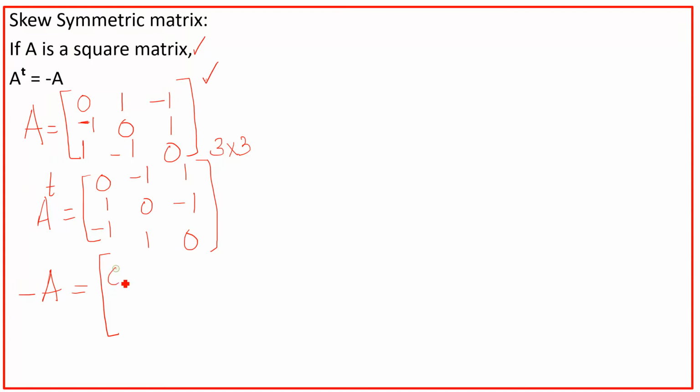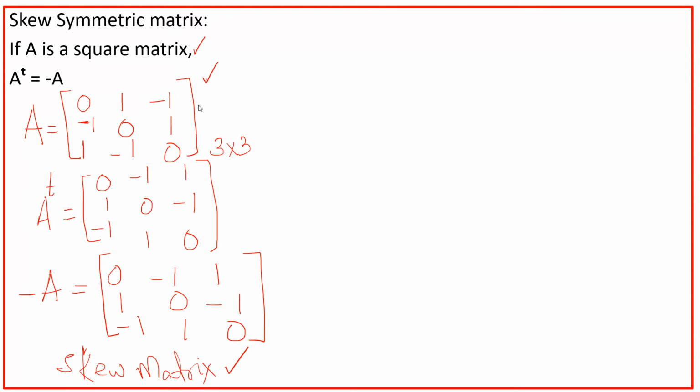If it is positive, make it negative, and if it is negative, make it positive. Here you have to change both. So this is the negative of A, and this is the transpose. So see, this transpose and this minus A both are same. It means this is the skew matrix.